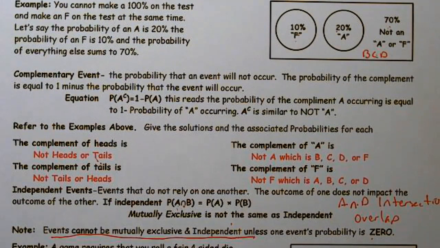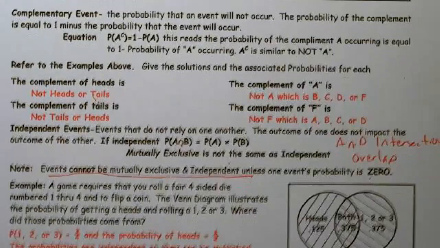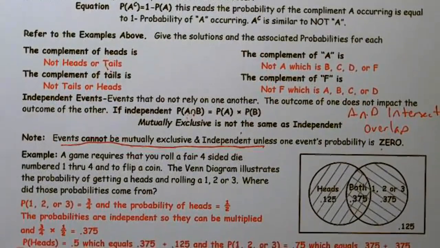However, we really don't care about the probability of 0. Why? If something has a probability of 0 and I ask you how often it is going to happen, you're going to say it's never going to happen because its probability is 0. So consequently, not very interesting. So in general, events cannot be both mutually exclusive and independent. But every now and then, some math guy will say, unless the probability is 0. And that's true, but that's not very interesting.